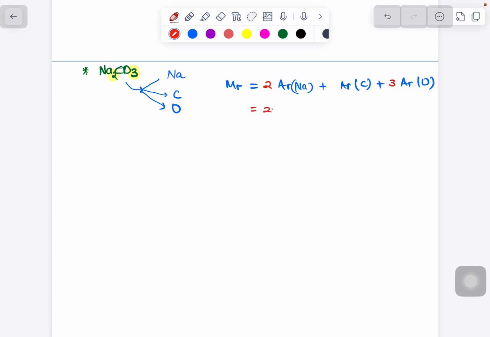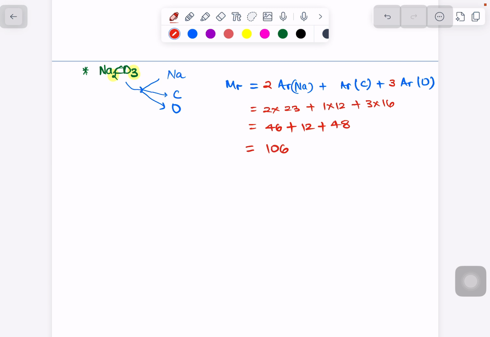And then we write the atomic masses. Sodium is 23, carbon is 1 times 12, plus 3 times 16, so 46 plus 12 plus 48. So 8, 2, 10, 6, 16, carry 1, 4, 4, 8, 9, and 10, so 106.